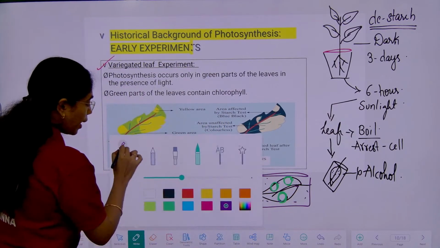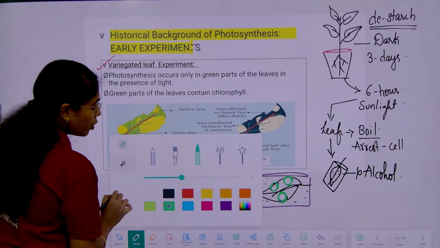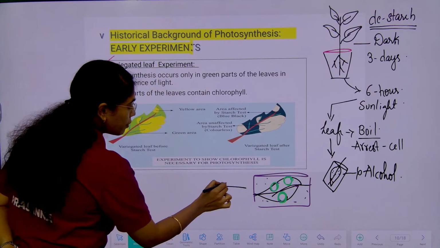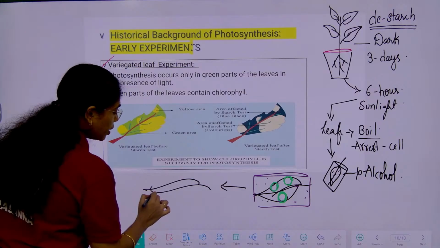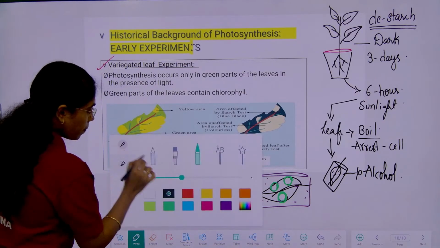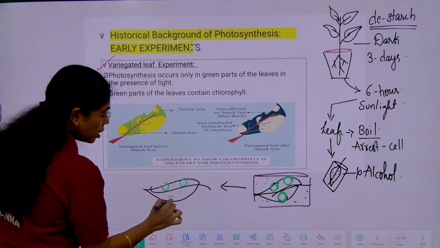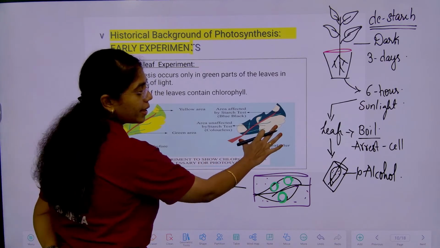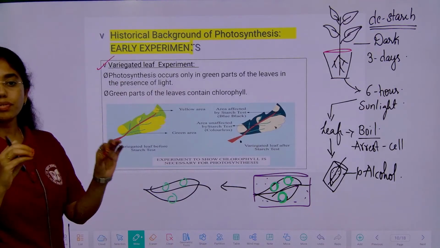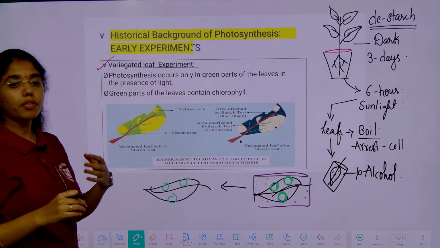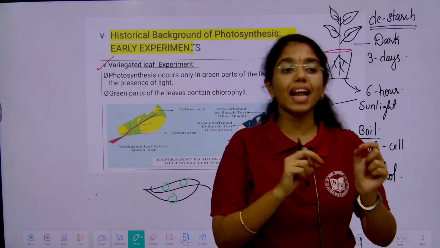After dipping in the iodine solution, you can observe only the green parts of the leaf hold starch. The rest will be pale in color like this. Only some part of the leaf will be green because of the interaction with iodine.